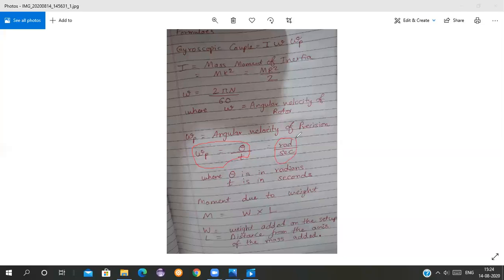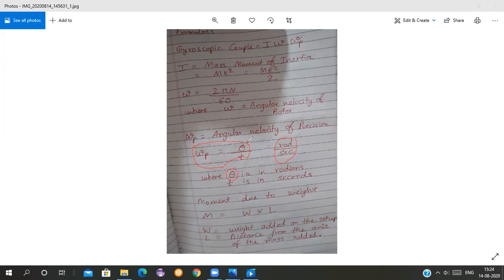So you have to put your theta value in radians, and t in seconds. If we are getting it as 100 degrees or 60 degrees, whatever, then 60 multiplied by pi by 180 will be your value of theta in radians.